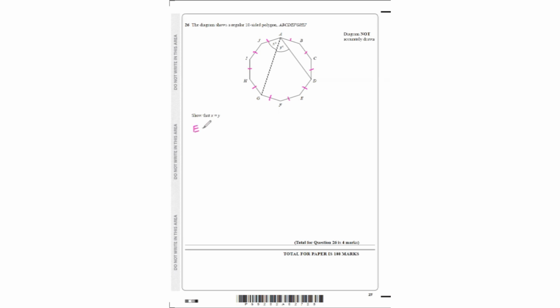So for each interior angle, the formula we use is n minus 2 times 180 over n. This formula is applicable when you have a regular polygon. So n is your number of sides. As you can see, we have 10 sides.